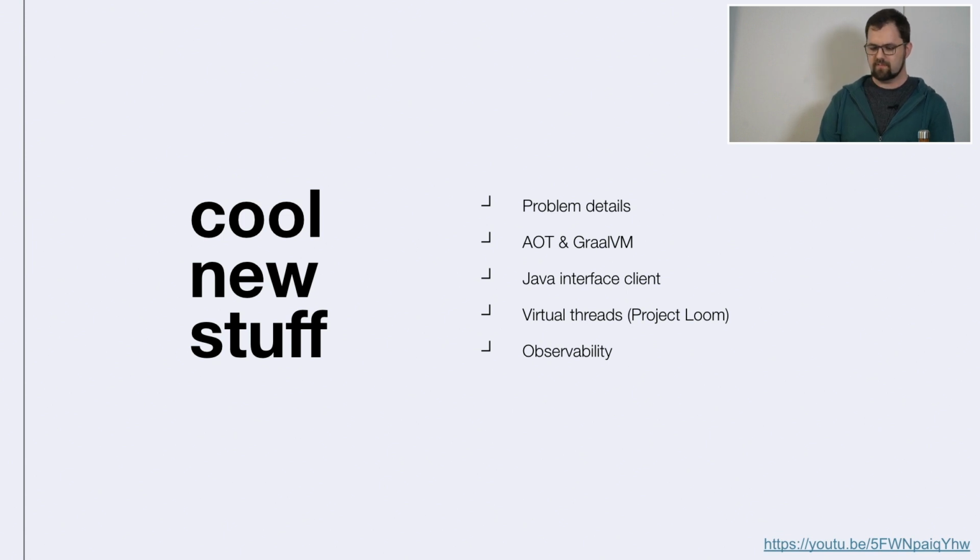The Java interface client is a bit of an odd one in this list, because we already had some other libraries that can invoke external APIs. But the Spring team decided to introduce this new approach.